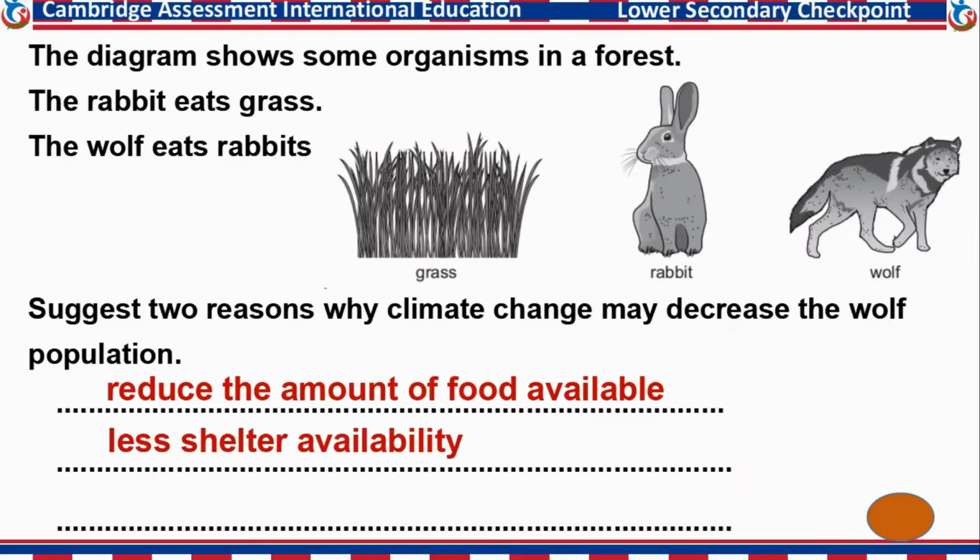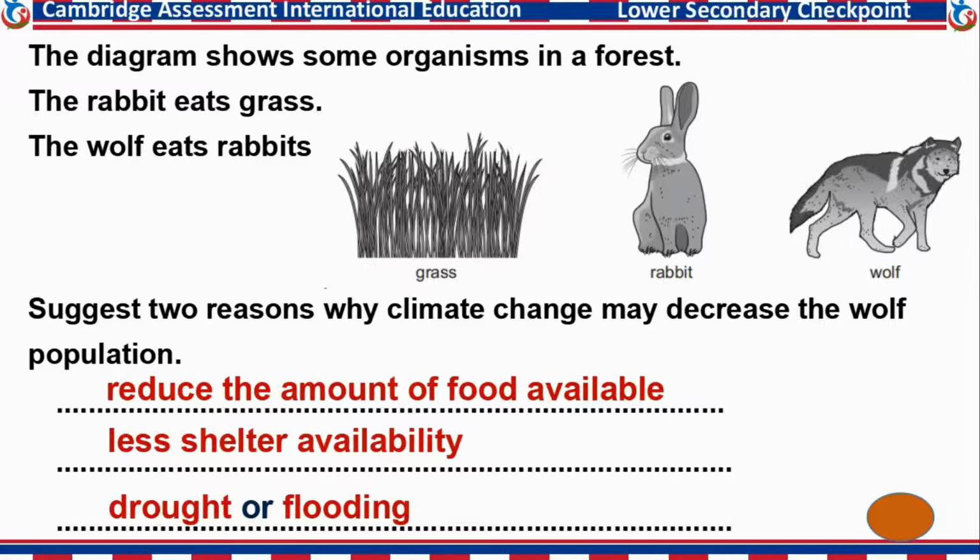Then another one is that it can lead to less shelter availability. Climate change can bring about less shelter availability, no space for them to hide and all of that. Then another effect of climate change is that there can be drought, and when there is drought, there will be no food.